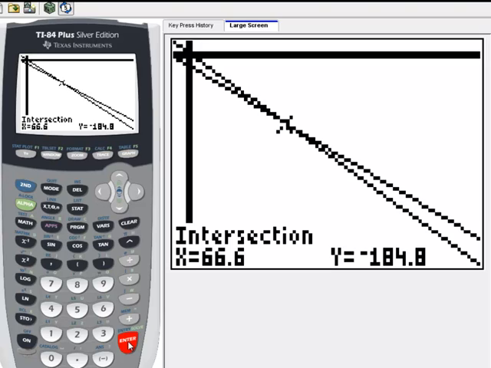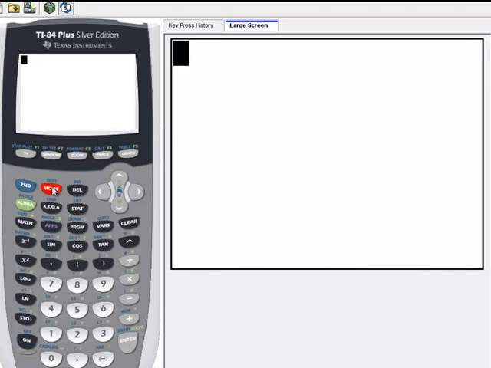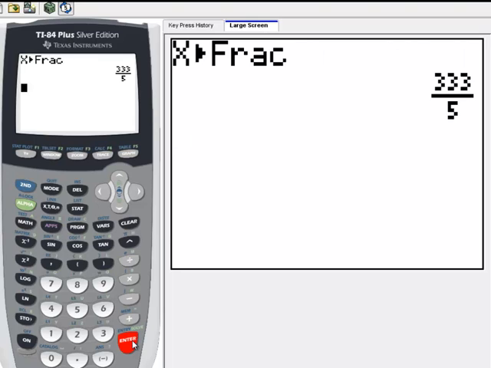Let's go ahead and see if we can't get this recorded exactly on the calculator. Second, quit. Let's take a look at X. Math. Fraction, go. Okay, 333 over 5. How about that Y? Alpha, Y. Math.